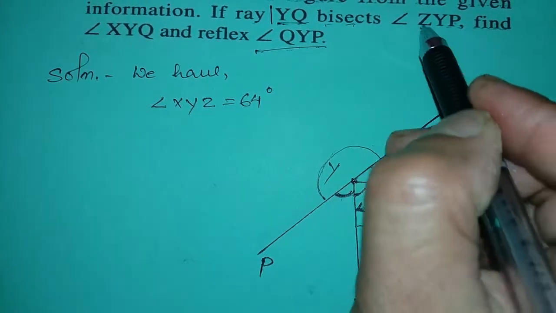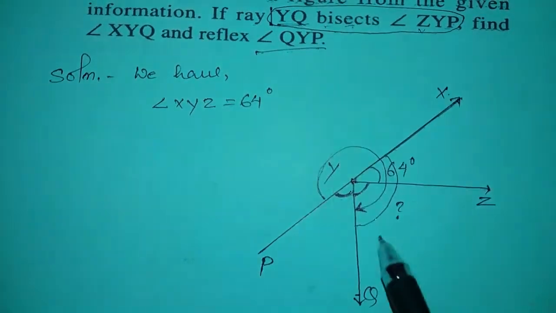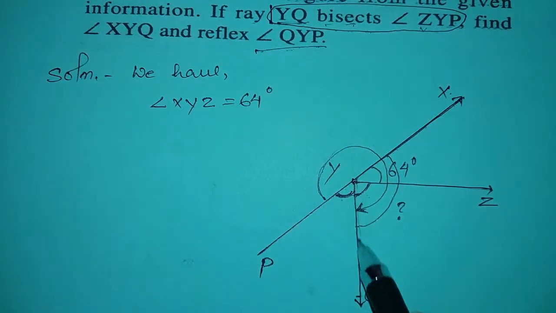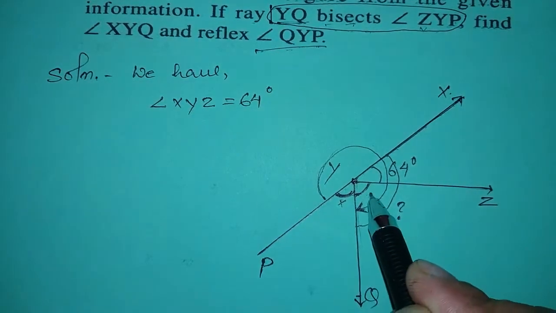Now YQ bisects angle ZYP. That means this YQ is dividing this angle into two equal parts, this one and this one.